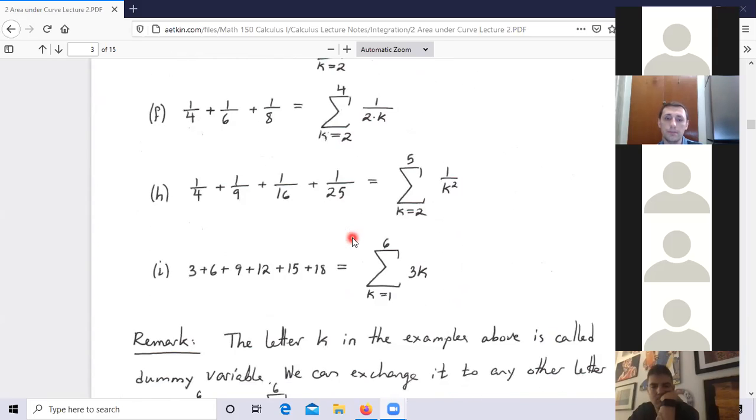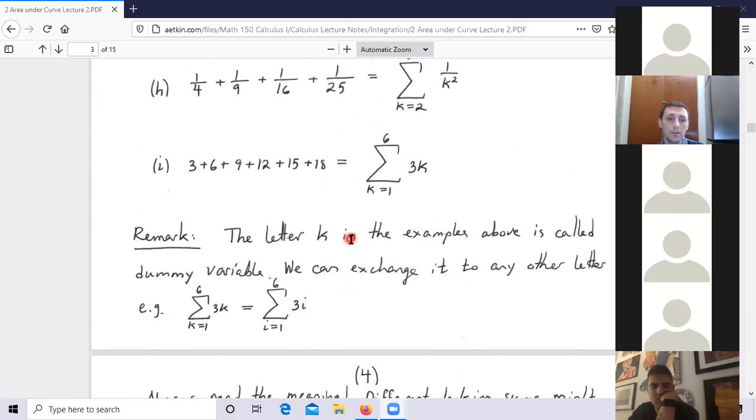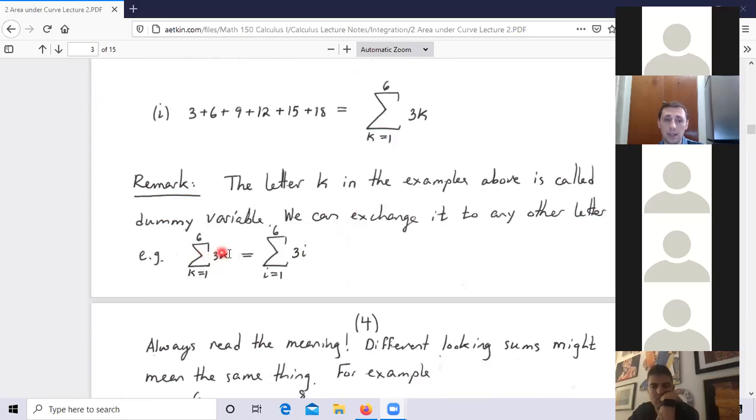And onwards. Again, I mentioned the dummy variable; you can replace k by any other index, and that means exactly the same thing. You see, I can say i equal to 1 to 6 of 3i. I don't like to use i because i reminds me of root of -1, so I prefer to use other letters.